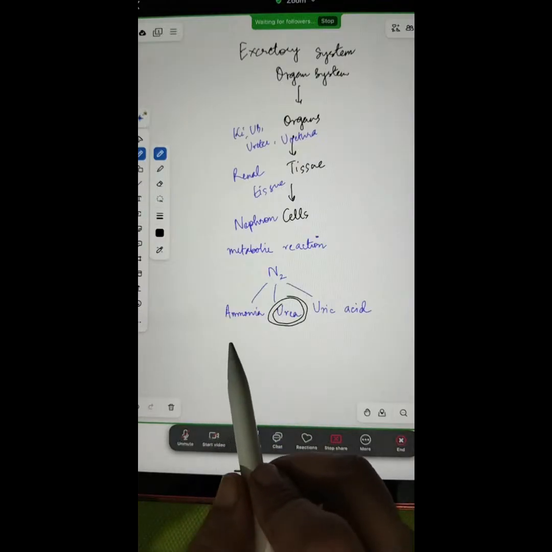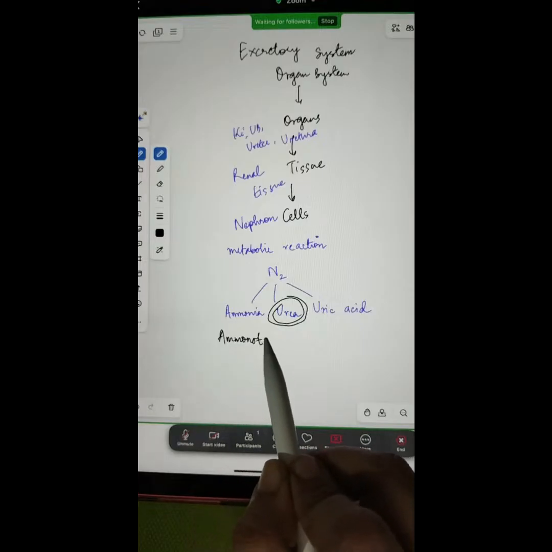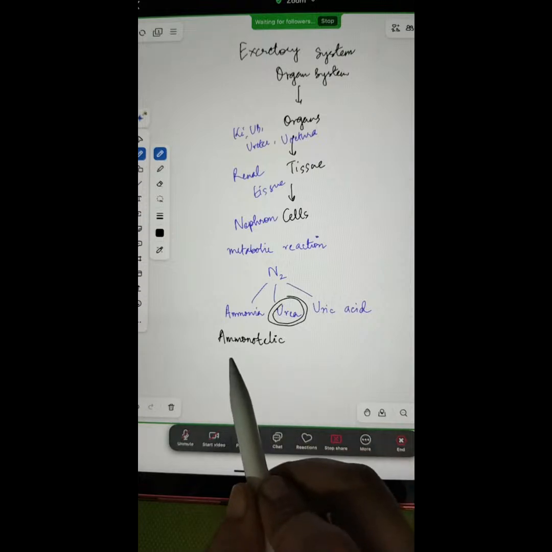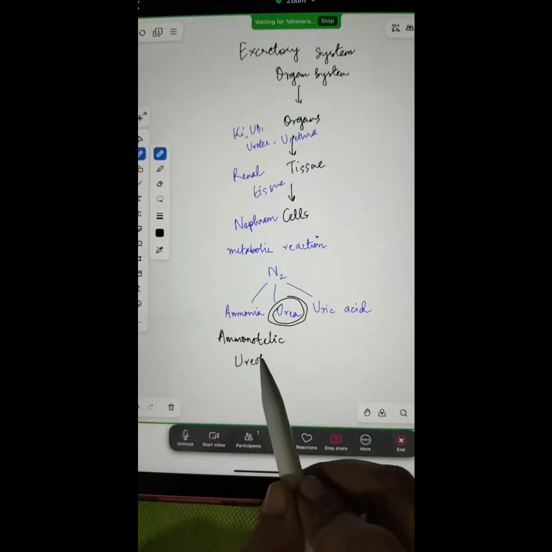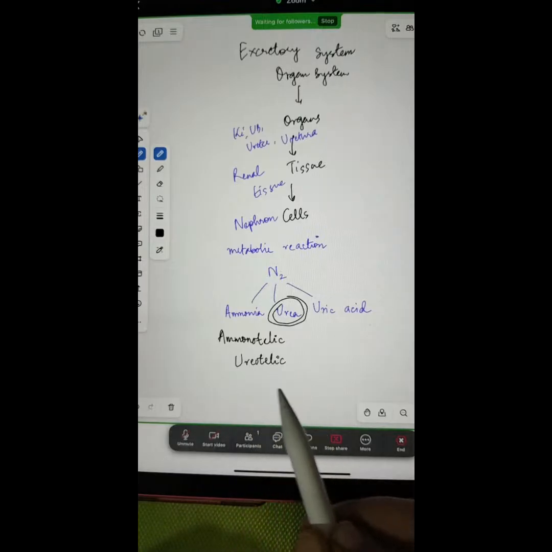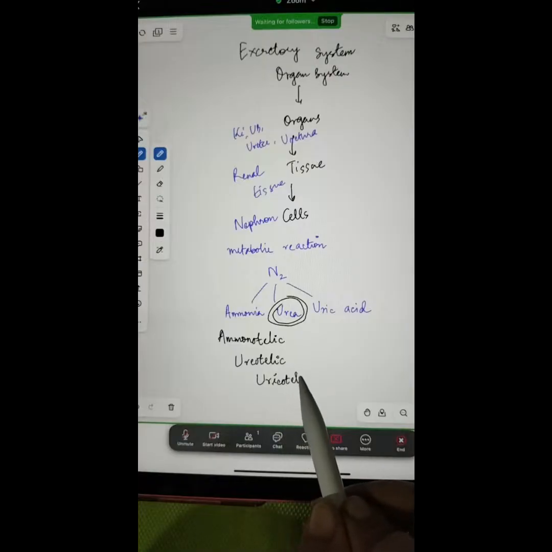The organisms that excrete waste in the form of ammonia are known as ammonotelic. The organisms that excrete waste in the form of urea are known as ureotelic. The organisms that excrete waste in the form of uric acid are known as uricotelic.